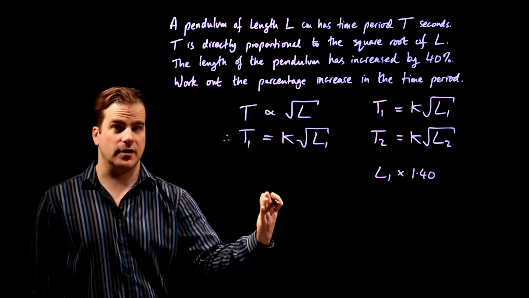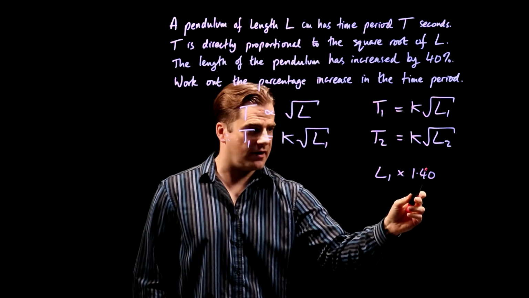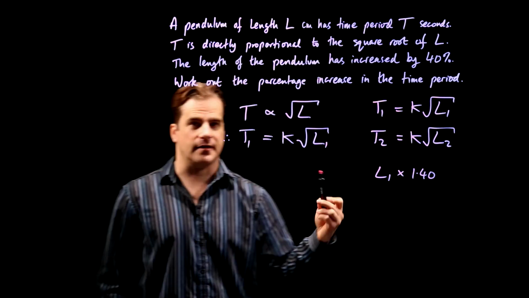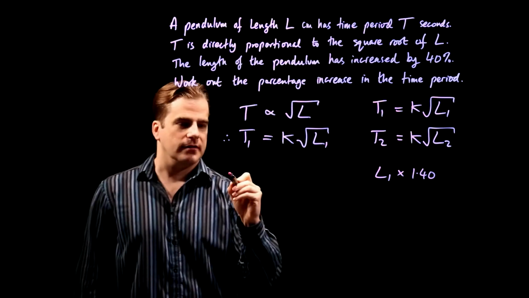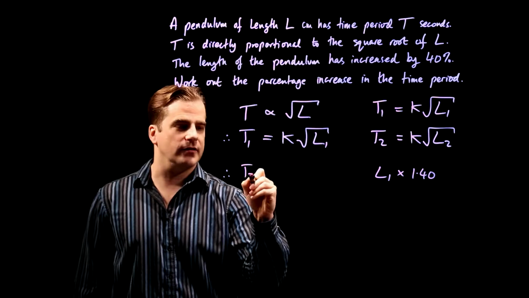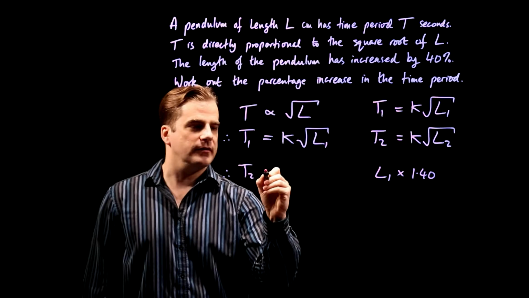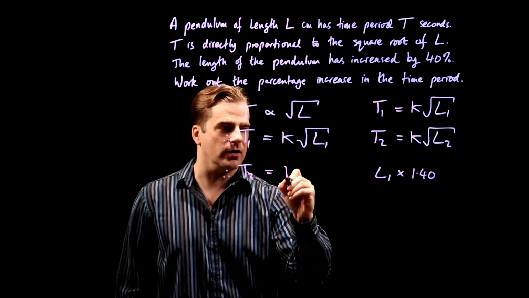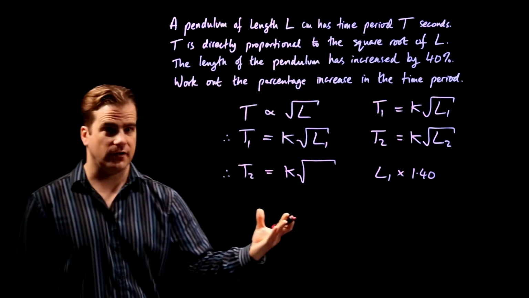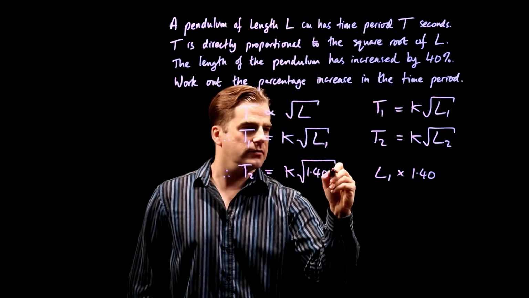Increasing something by 40%, you express the 40% as 1.40 and multiply that by the thing that you're increasing. Okay? So, therefore, we'll call it T2, the longer time period. T2 is equal to some constant. So L2 is L1 increased by 40%. That's 1.40 L1.